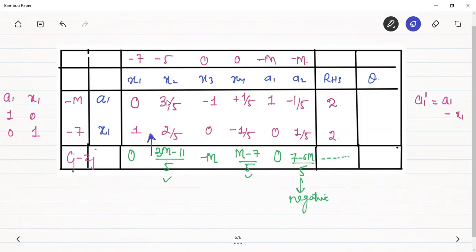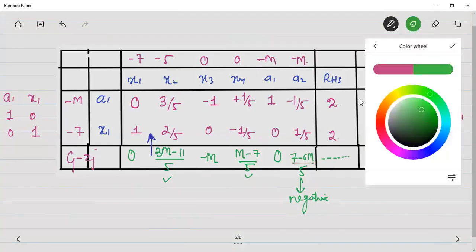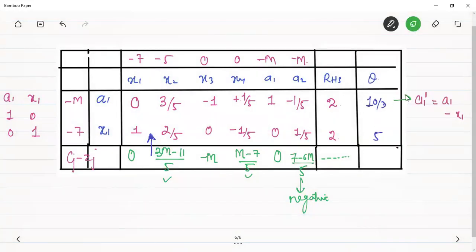This becomes the key column. And the key row will be decided by theta. 2 by 3 by 5, that will be 10 by 3, I think. This will be 10 by 3, and this will be 2 divided by 2 by 5, that will be 5. And the minimum positive value comes out to be 10 by 3. Therefore, this will be the outgoing variable.